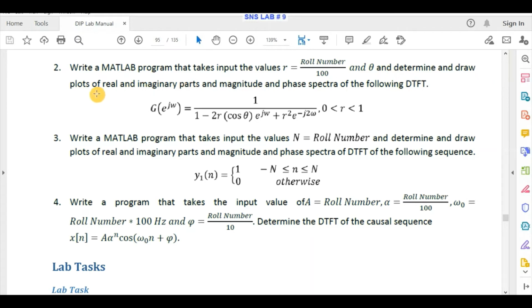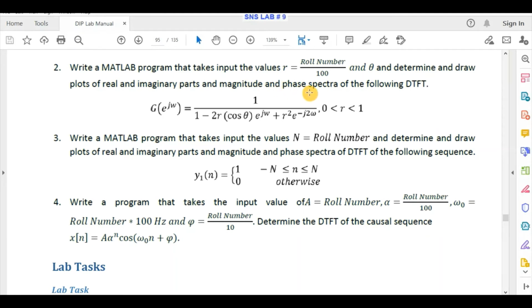Determine and draw plots of the real and imaginary parts and the magnitude and phase spectrum of the following DTFT. A signal is given in the frequency domain, as you can see, capital G e j omega. You are asked to plot its real and imaginary parts and its magnitude and phase. As we already know, in MATLAB there are 4 different built-in functions. By using those functions we can find all of these values.